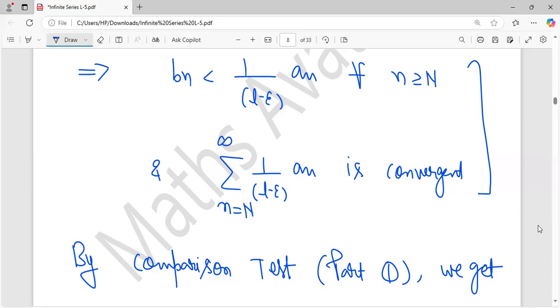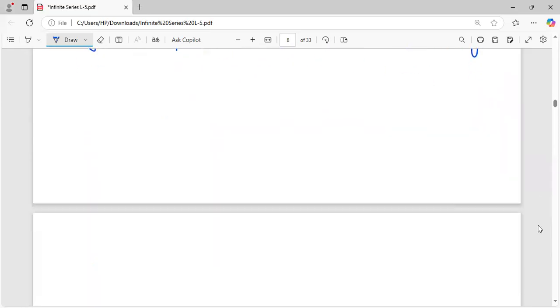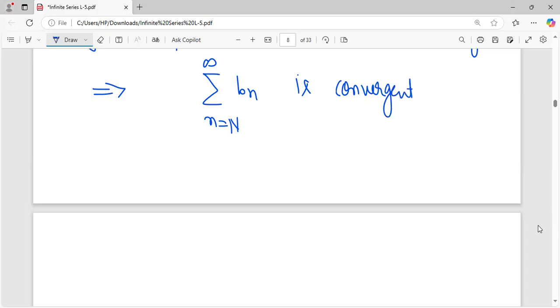We get this series summation n goes to 1 to infinity b_n is convergent. So this is convergent. We can add a finite number of terms again.